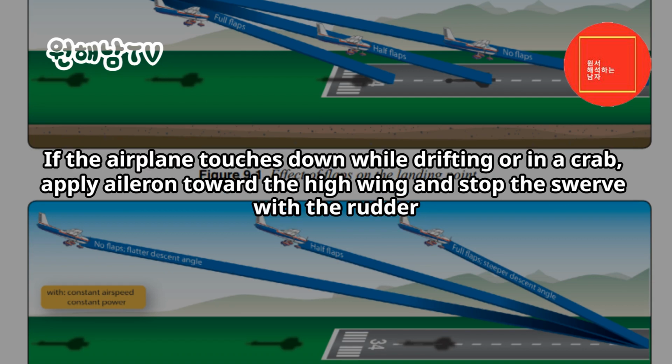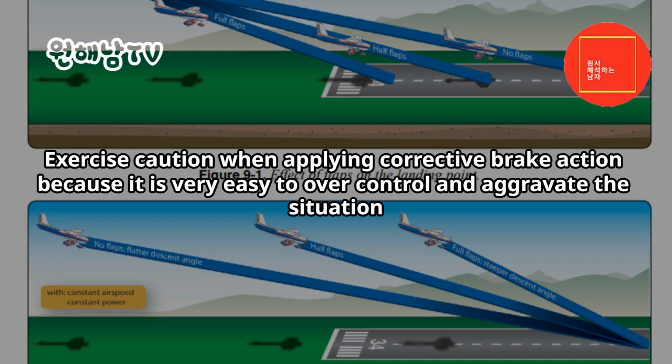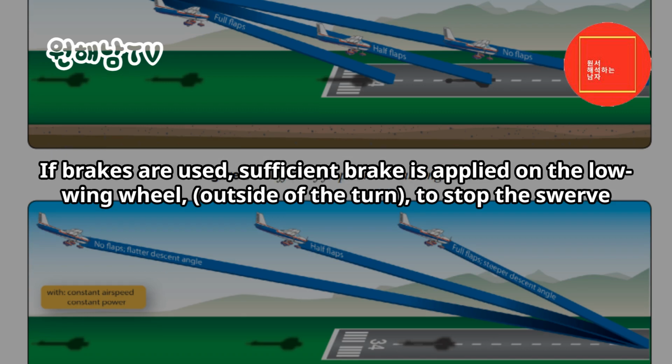If the airplane touches down while drifting or in a crab, apply aileron toward the high wing and stop the swerve with the rudder. Brakes are used to correct for turns or swerves only when the rudder is inadequate. Exercise caution when applying corrective brake action because it is very easy to over-control and aggravate the situation. If brakes are used, sufficient brake is applied on the low wing wheel, outside of the turn, to stop the swerve.